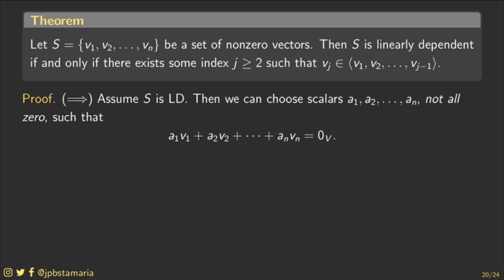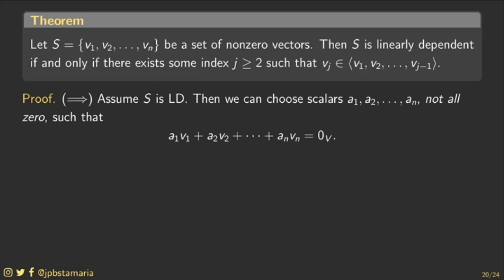Because S is linearly dependent, we can select scalars, not all of which are zeros, such that this linear combination is zero, although these scalars are not all zero. That's the privilege that we have whenever we say S is linearly dependent. We can select these scalars to be not all zero, yet the combination is zero.